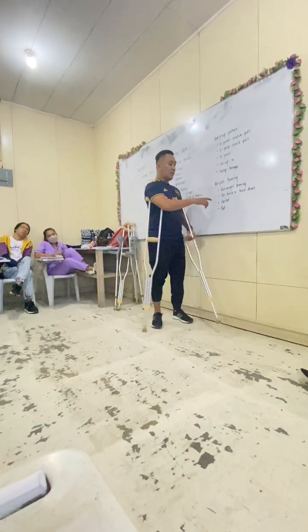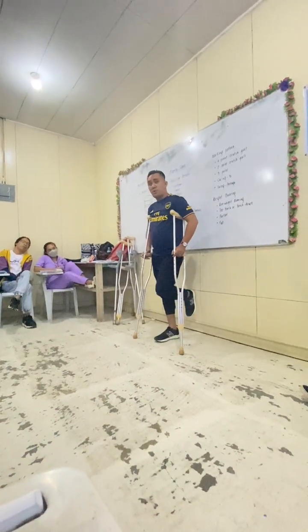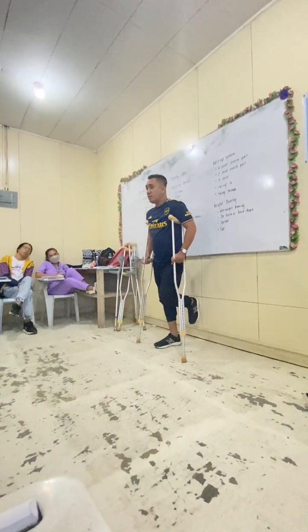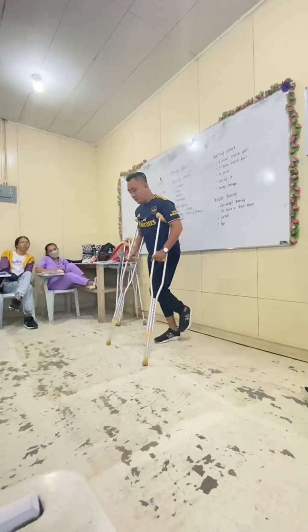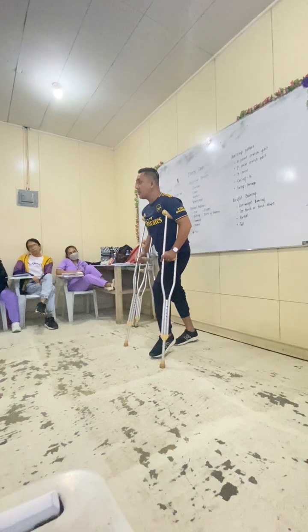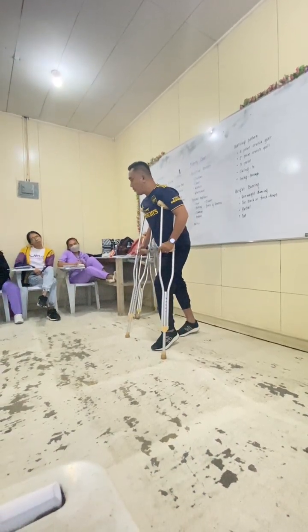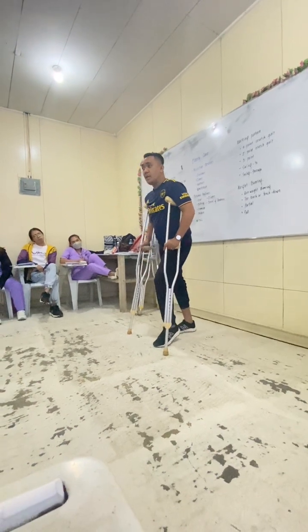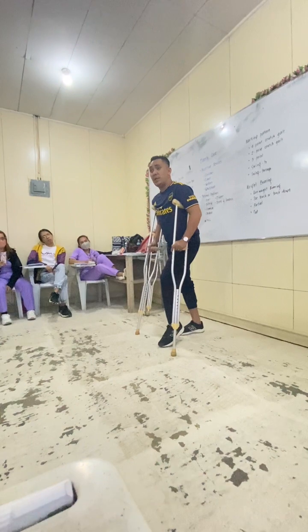So you can recommend using toe touch or touch down. But the most common is toe touch. What do we do? When the patient forwards the crutches together, the toe is touched to the floor. But you have to remember this one. Tell your patient, do not put any pressure or weight on your injured leg.